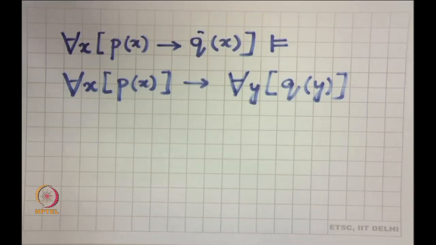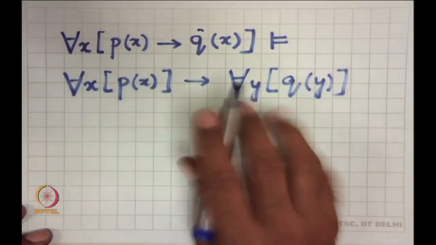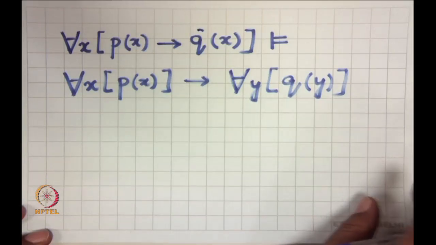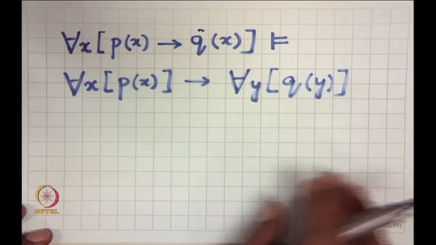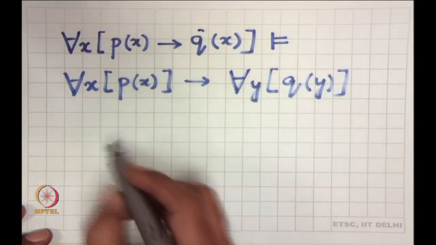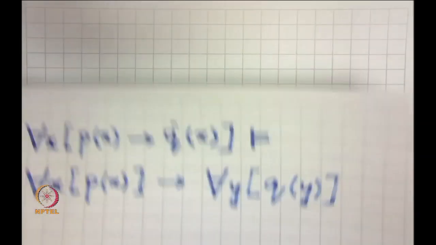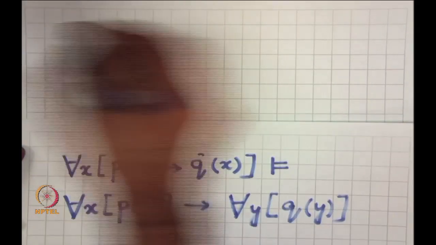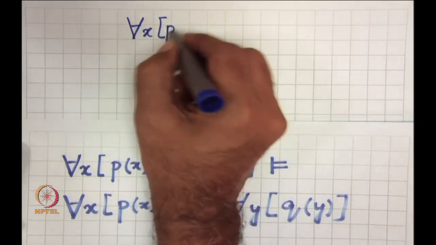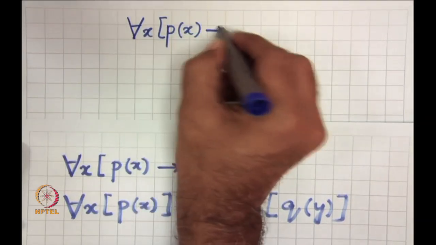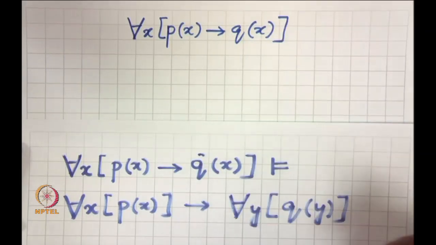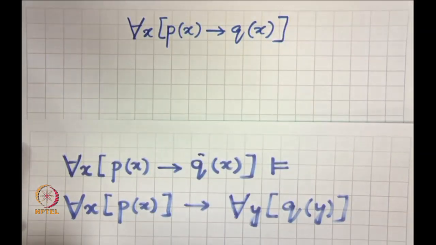So, if you had to prove this, a Tableau proof for this would start with taking this set, the set is going to be for all x p x arrow q x, okay, and then the negation of this.